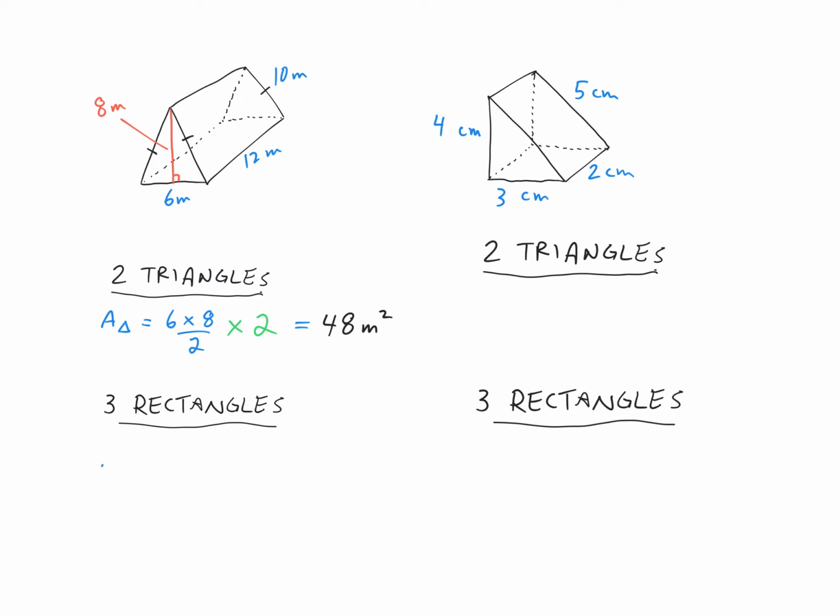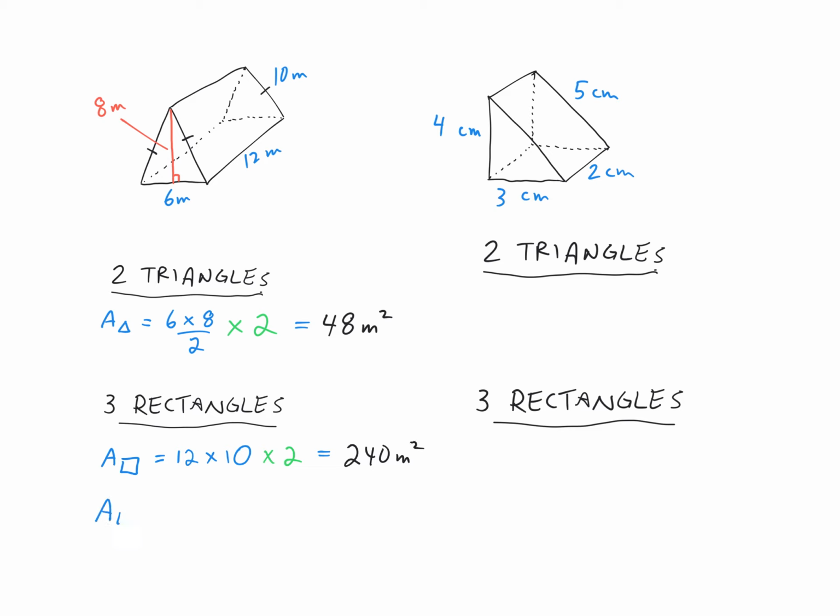The area of the sides is going to be the completely vertical by the completely horizontal, so 12 times 10. And I'm going to multiply that by 2 because there are 2 that have those dimensions. So 120 times 2 is 240 meters squared. And then we have the bottom.